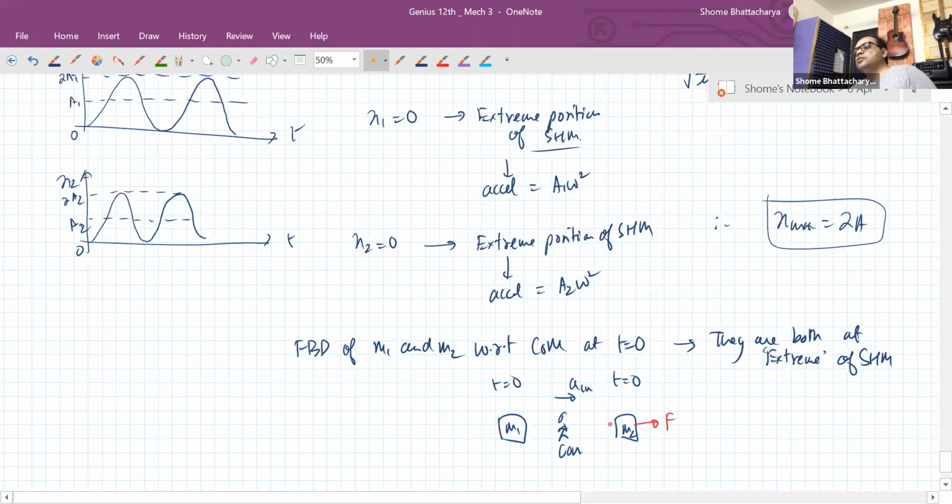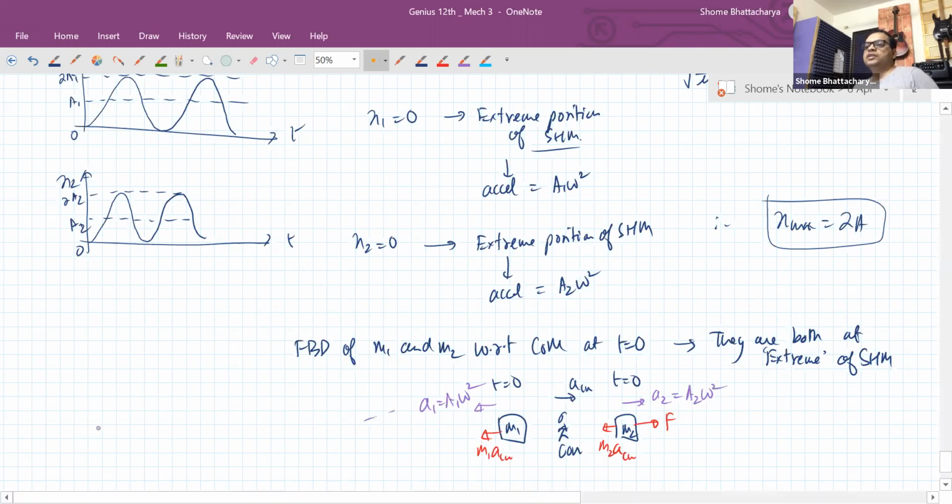This had F and pseudo force, and this had only pseudo force. So this had an acceleration a1. So this a1 was only with how much? Capital A1 omega square. And this had an acceleration a2, and that was only how much? Capital A2 into omega square.